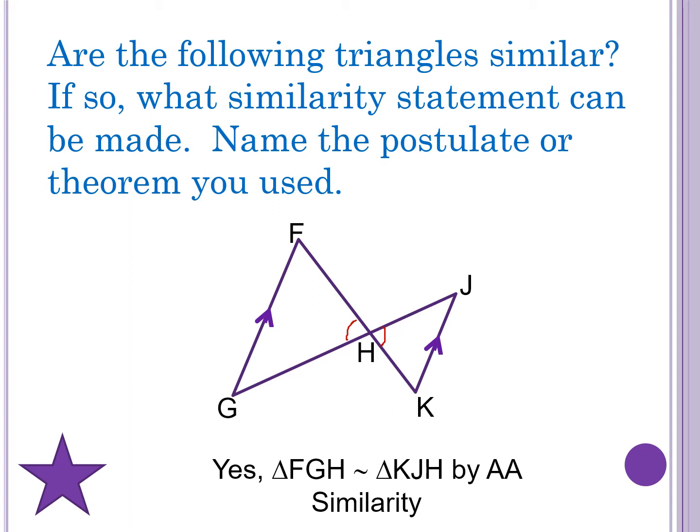Since FG is parallel to JK, we can say that alternate interior angles are congruent. These angles are also congruent. Angle J is congruent to angle G, and angle F is congruent to angle K. Therefore, the two triangles are similar by AA.